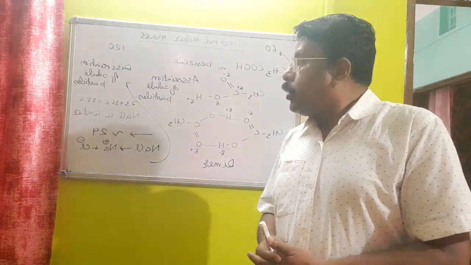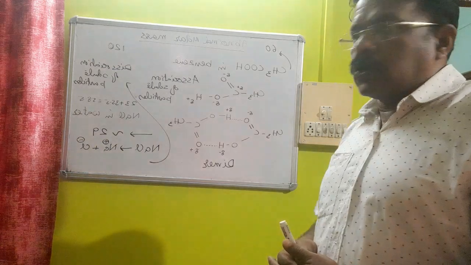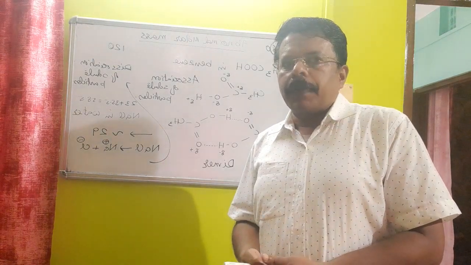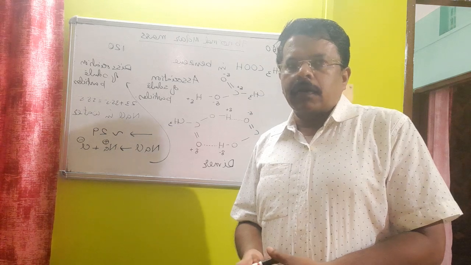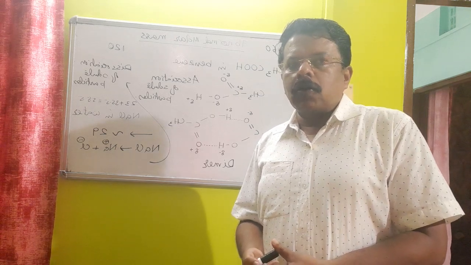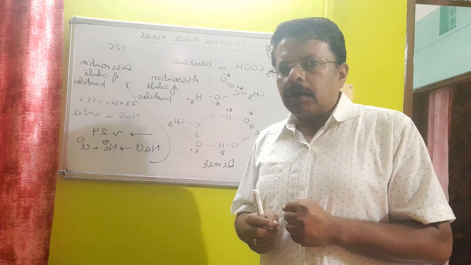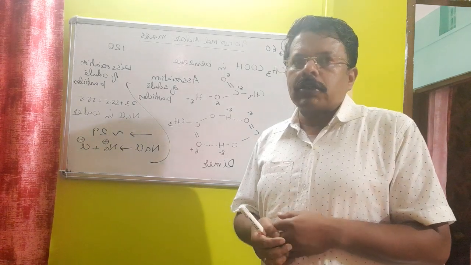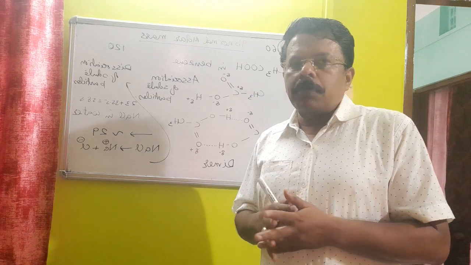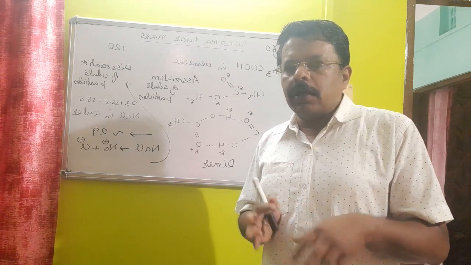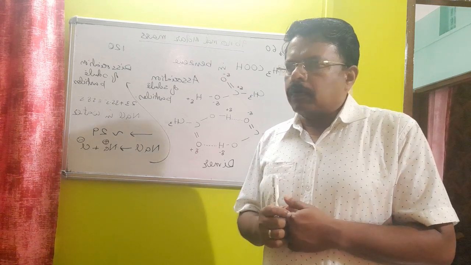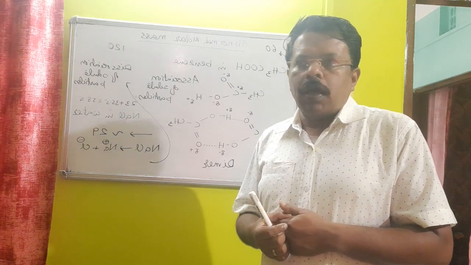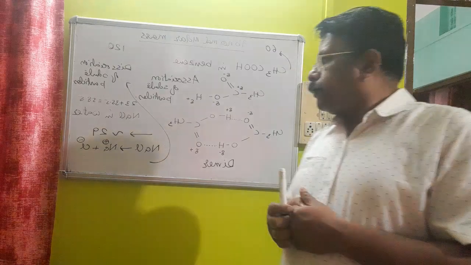If there is no association or dissociation, then we will get the correct or expected molecular mass. So there should not be association or dissociation of solute particles taking place in the solution when we determine the molecular mass of an unknown solute.